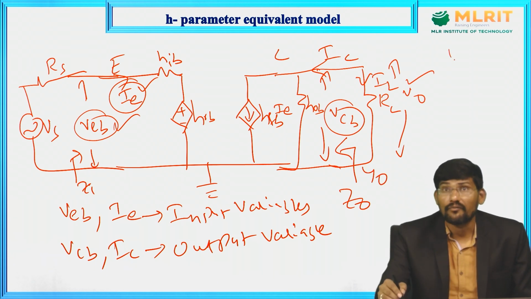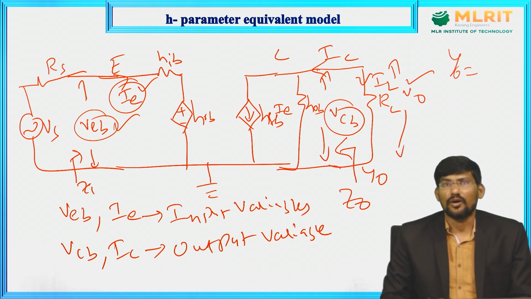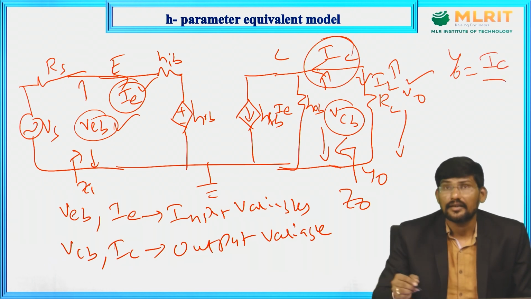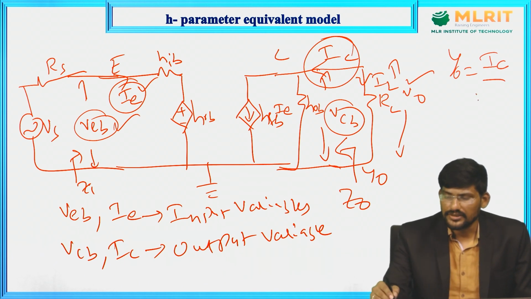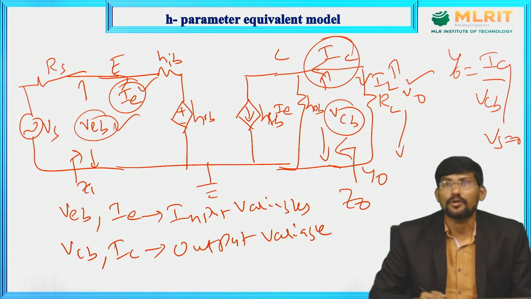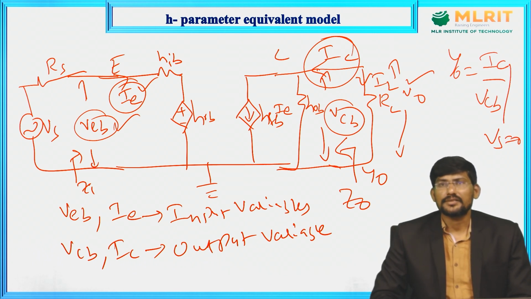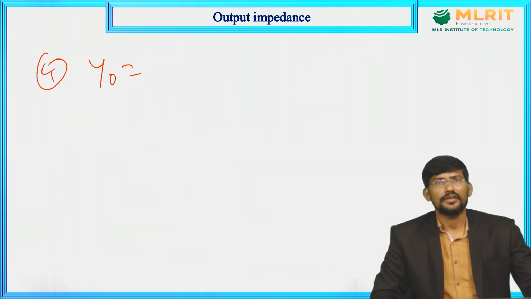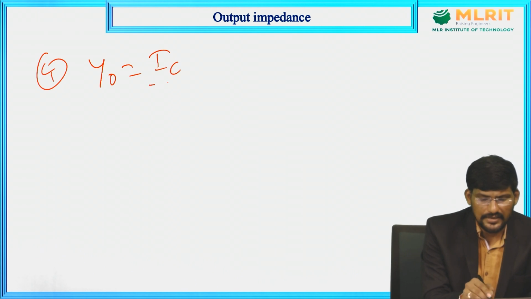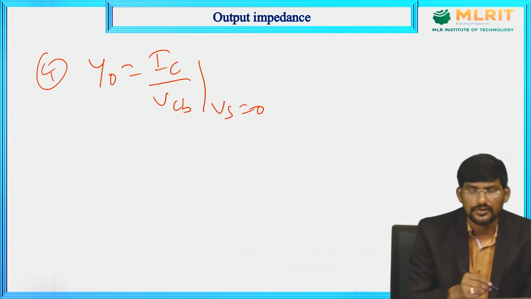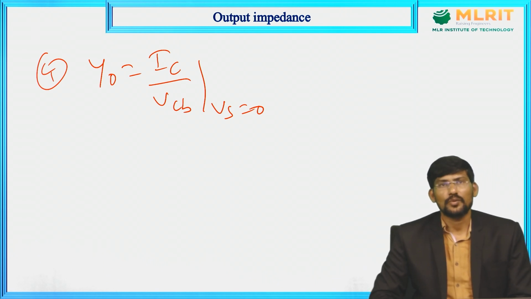It is the ratio of output current IC divided by the output voltage VCB, by making Vs equal to 0. So at Vs equal to 0, the ratio of collector current to the collector base voltage is called the output admittance.